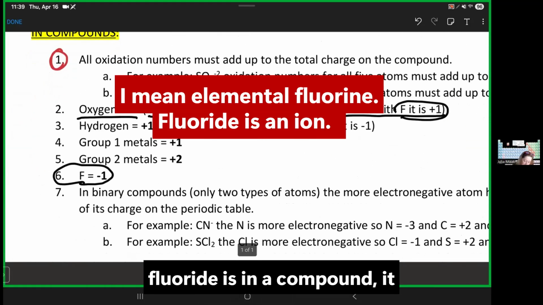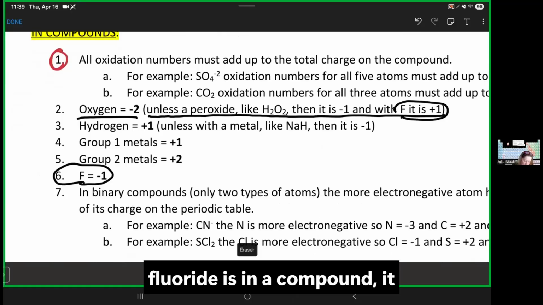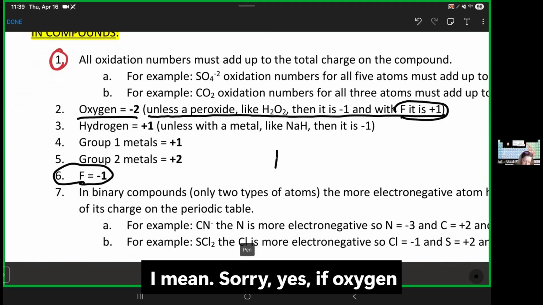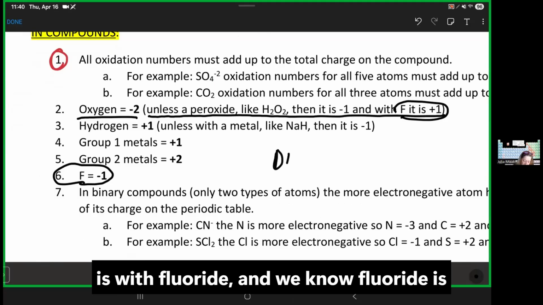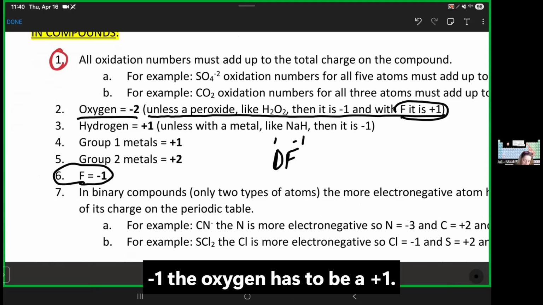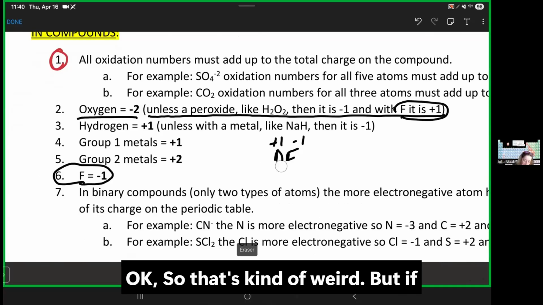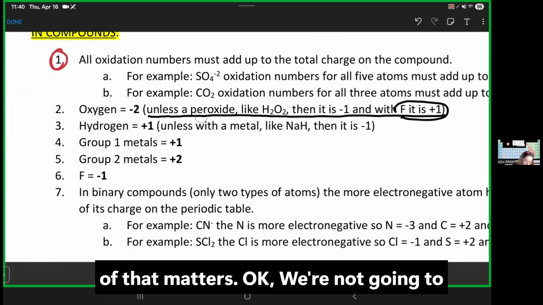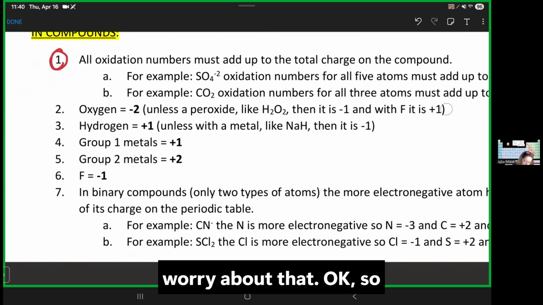But if fluoride is in a compound, it is -1. So if oxygen is with fluoride, and we know fluoride is -1, the oxygen has to be +1. That's kind of weird, but if you're in allied health chemistry, none of that matters. We're not going to worry about that.